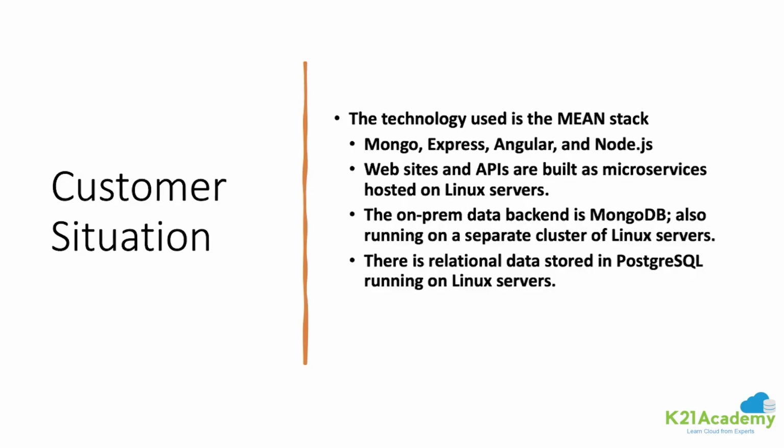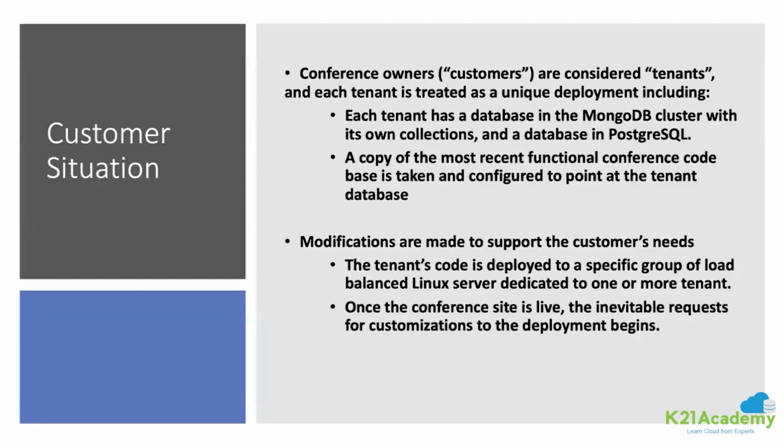Website and APIs are built as microservices hosted on Linux servers. The on-prem data backend is MongoDB, running on a separate cluster of Linux servers. There is relational data stored in PostgreSQL running on a Linux server. So this is also the requirement.